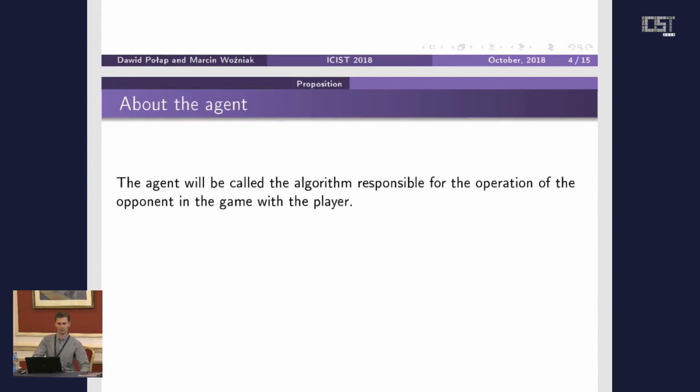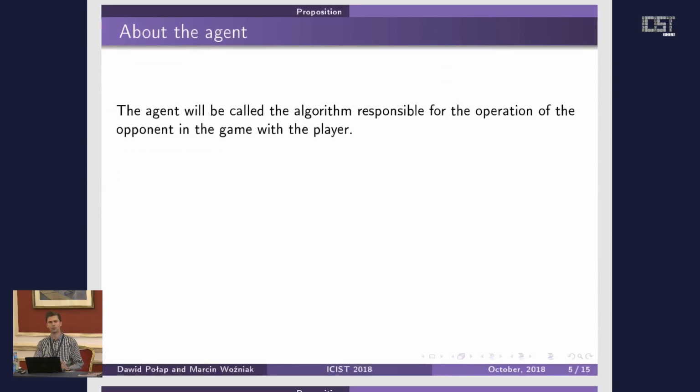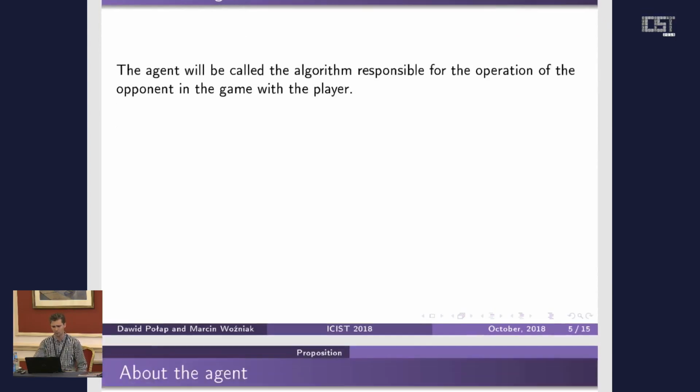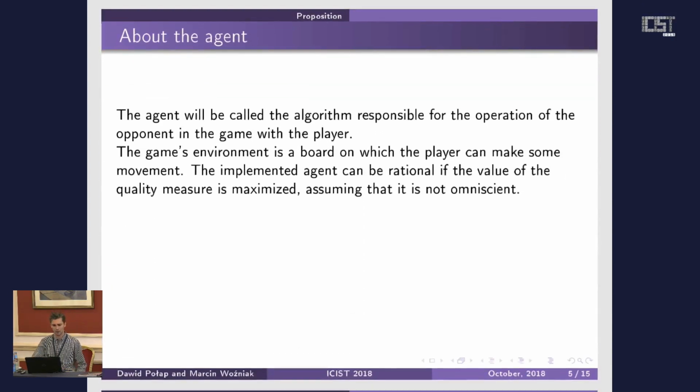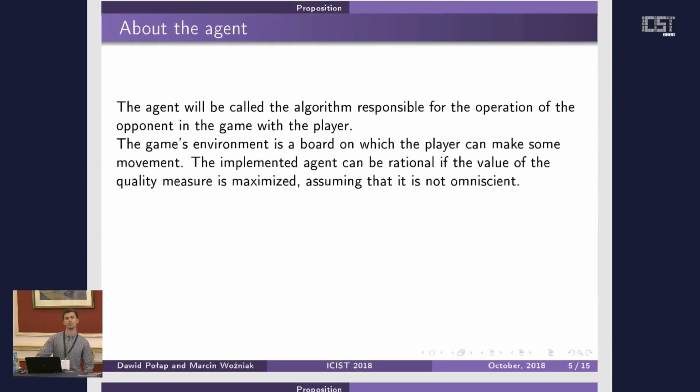Okay, so about the agent, a basic idea. The agent will be called, of course, the algorithm that is responsible for the operation of our player drawn by the computer. So we have the definition of the agent. The second definition is the board, which will be called the environment in our proposition. Our agent can move over the board, but he cannot exceed the size of the board.